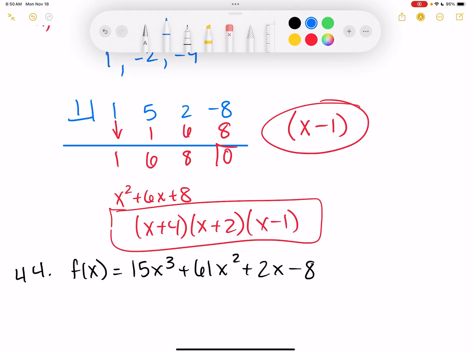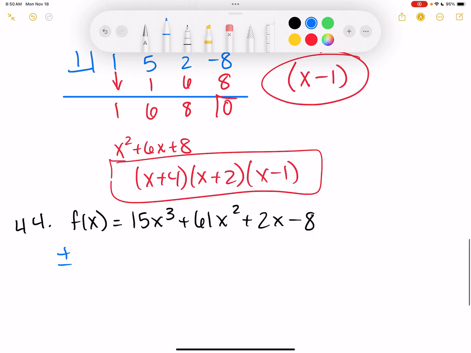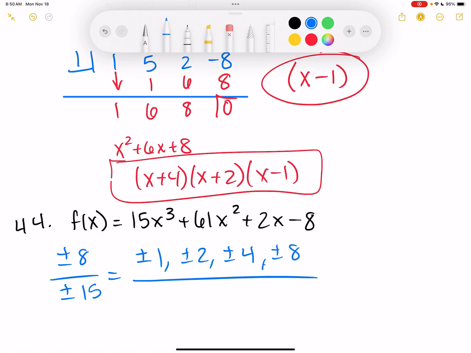So I would have plus or minus 8 over plus or minus 15. 8 we did in the last one, so that's 1, 2, 4, and 8. And all these are plus or minus, I'm not saying it every time. What about 15?